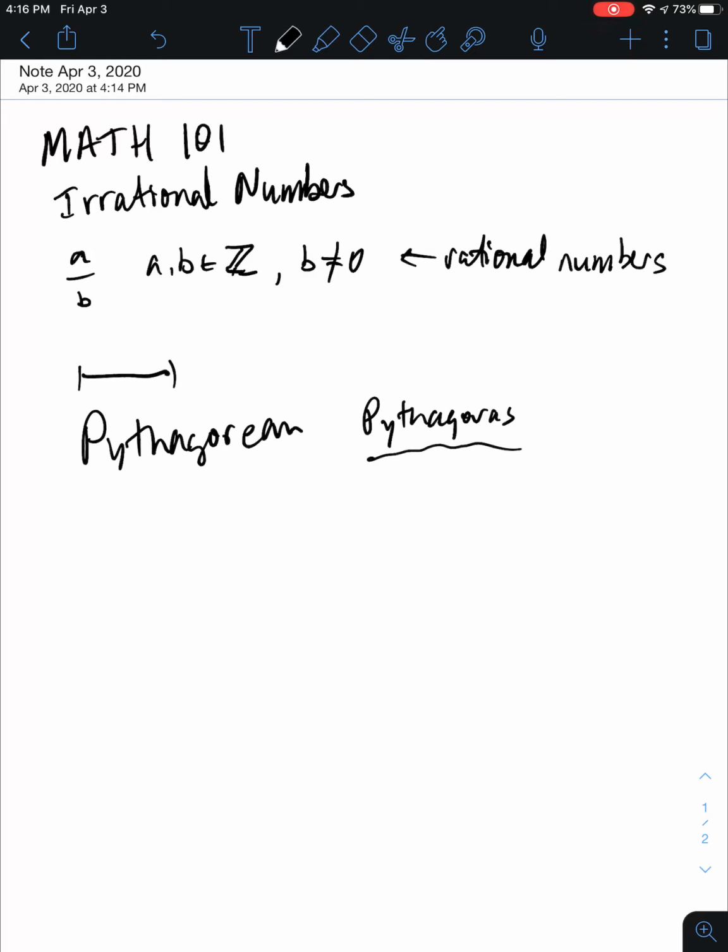So there's a whole bunch of mystery around this cult. They were quite secretive, so to this day we don't know the truth about many aspects of the Pythagorean cult. But anyway, they did do some good mathematics, and those are the earliest examples of irrational numbers that we have.